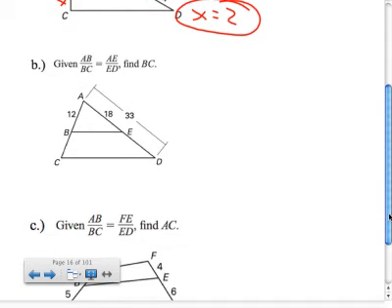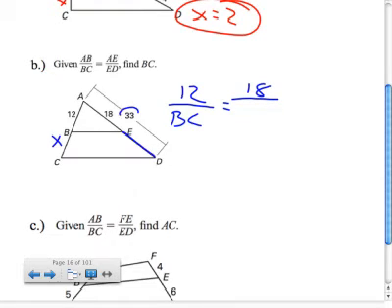Part B says given the proportion, find BC. So AB is 12 over BC, which we don't know, call it x again, or you could just leave it as 12 over BC, that's fine. AE is 18 over ED now, which is this piece, so we have to do 33 minus 18, which is 15.